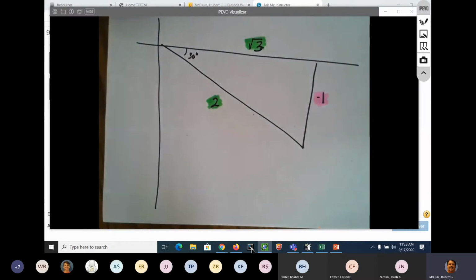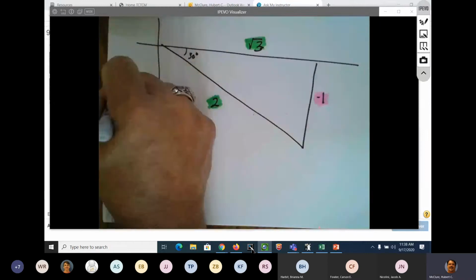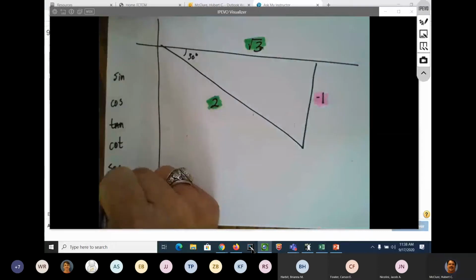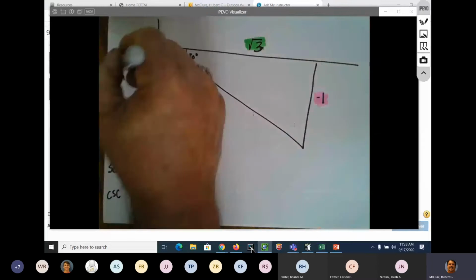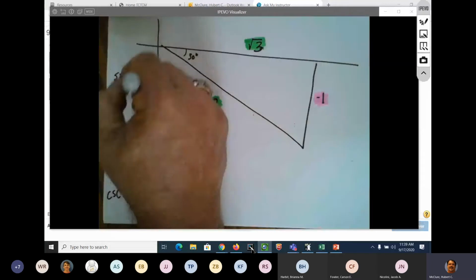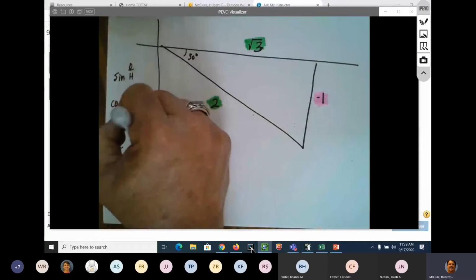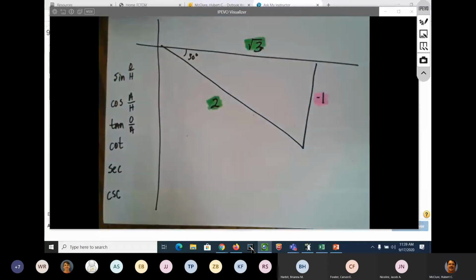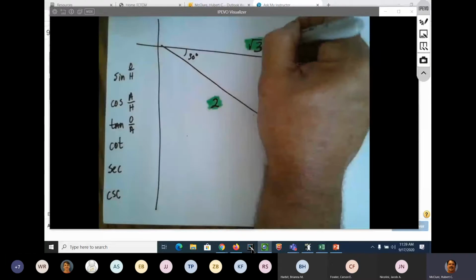So let's fill it out. Sine, cosine, tangent, cotangent, secant, cosecant. Oscar had a hunk of apple. We know this is the opposite. We know this is the adjacent.